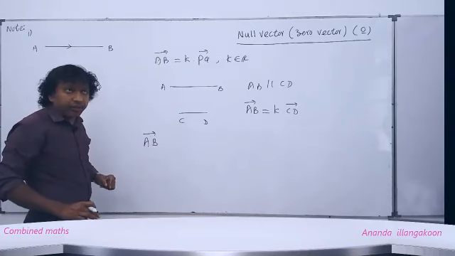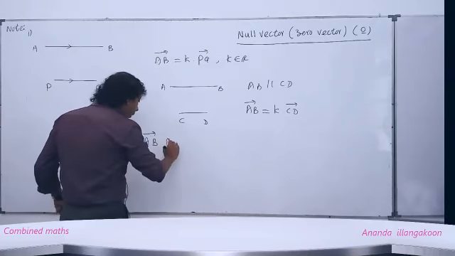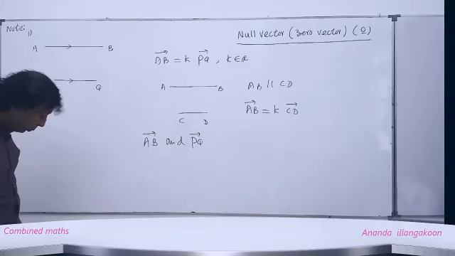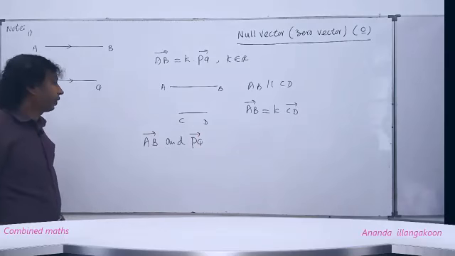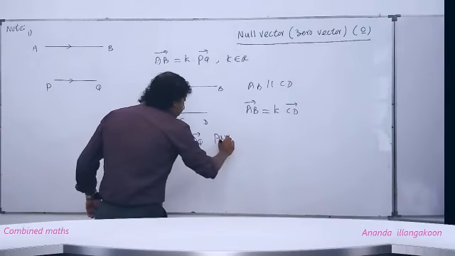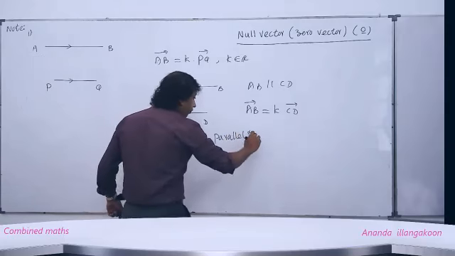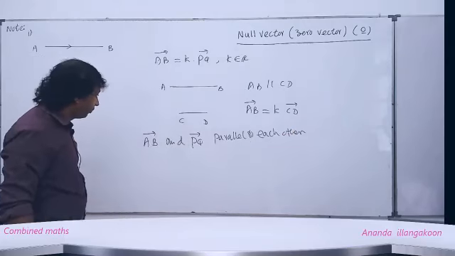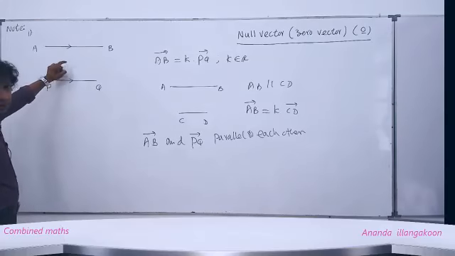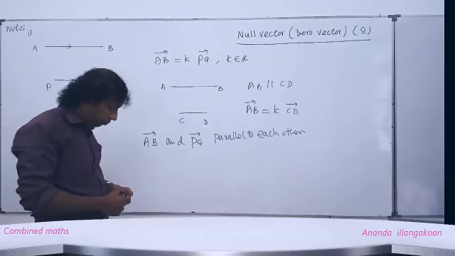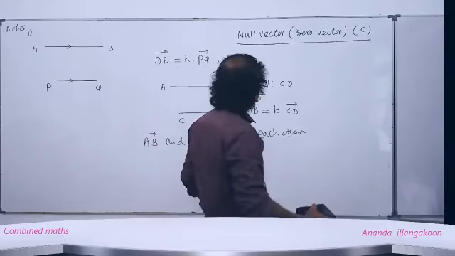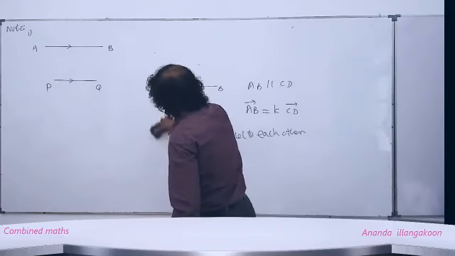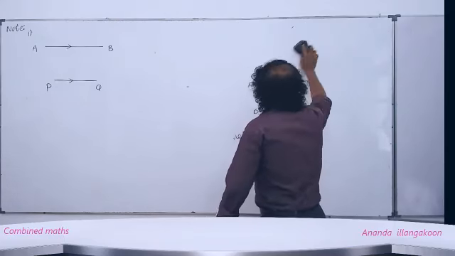Suppose the two vectors AB vector and PQ vector are parallel to each other. Parallel to each other. Draw this diagram, people. Draw this diagram.